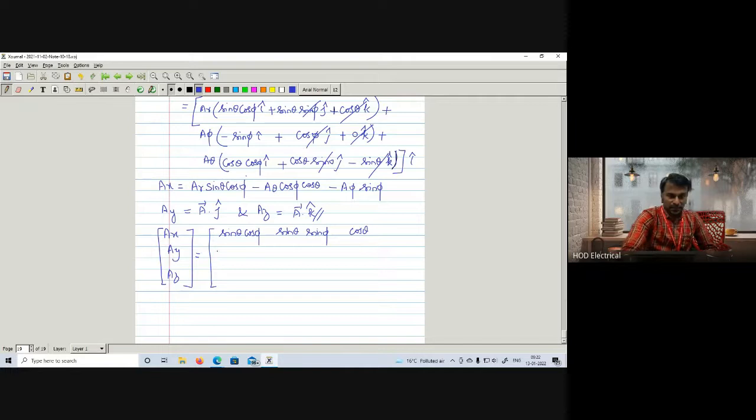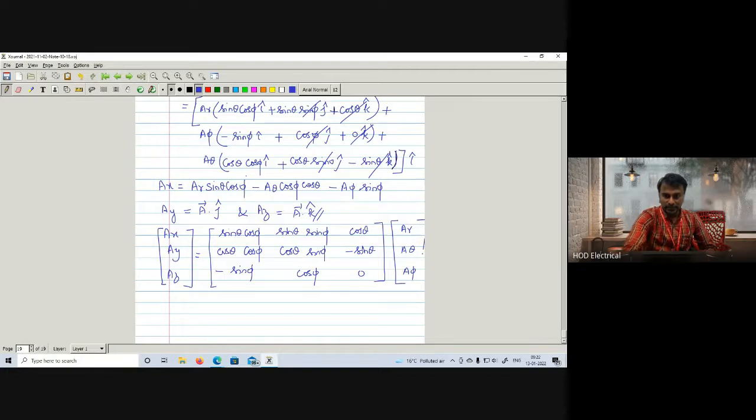Then similarly cos theta cos phi, cos theta sin phi, minus sin theta, then minus sin phi, cos phi, 0 into Ar, A theta, A phi.